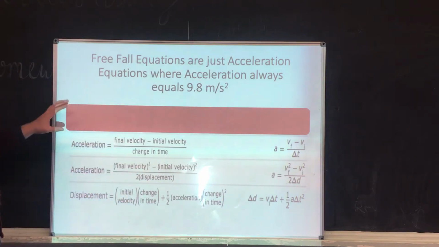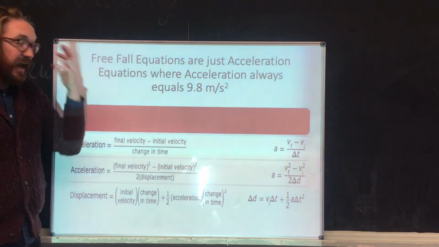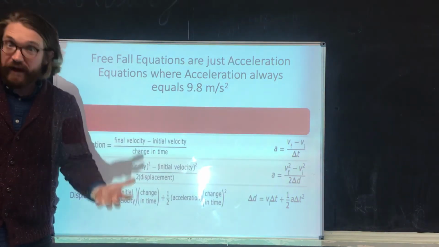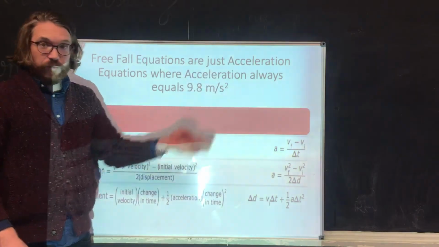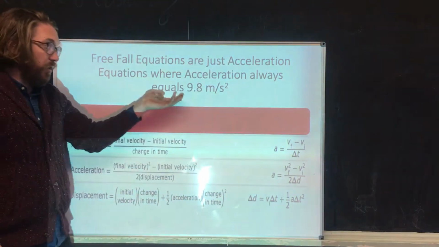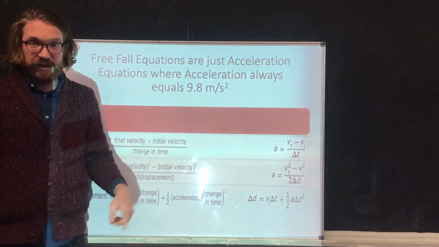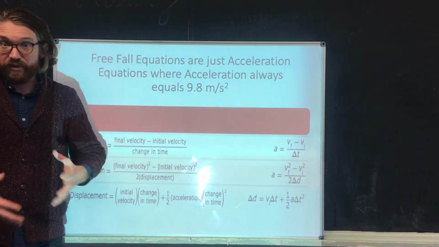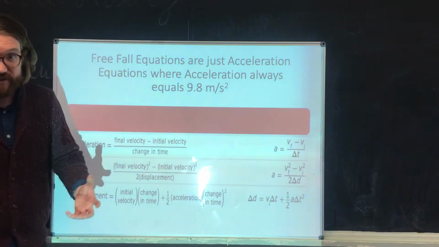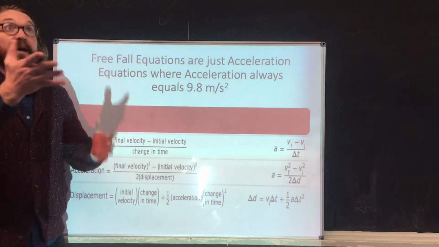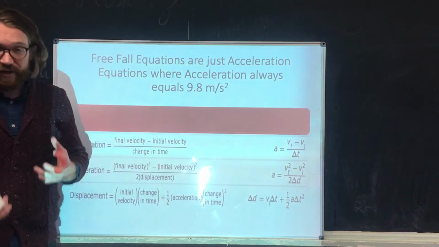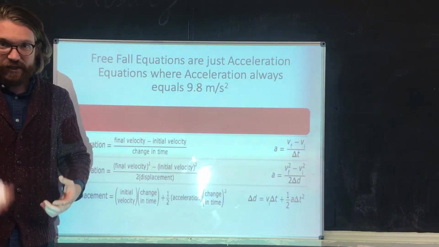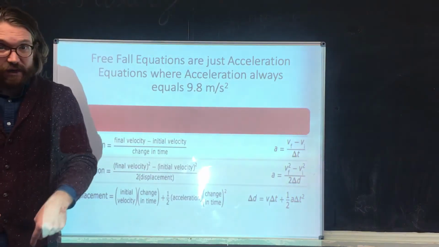The only difference is that now when we're in free fall, because the only force we experience is gravity, the only acceleration we're going to see in any of these problems is always going to be 9.8 meters per second squared down, which makes these a little bit easier to deal with because we always know the acceleration. If you throw it up in the sky, the acceleration that object experiences is always 9.8 meters per second squared straight down.